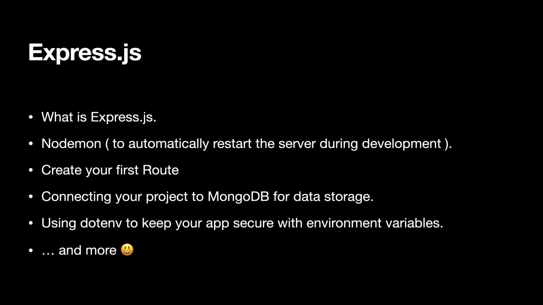Also, you'll be able to create your first route in Express, connect your project to MongoDB for data storage, and use dotenv to keep your app secure with environment variables. And more practical skills to start building real applications. By the end of this section, you will be comfortable working with Express.js and ready to move on to building more advanced features.